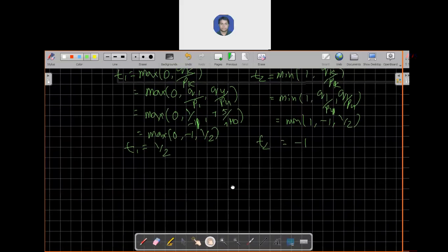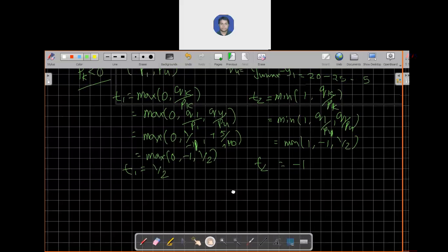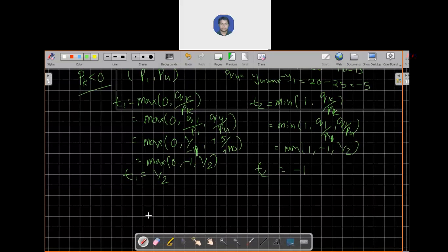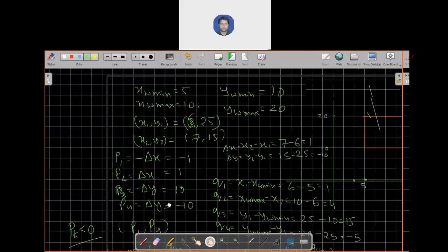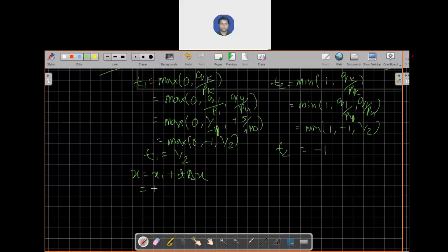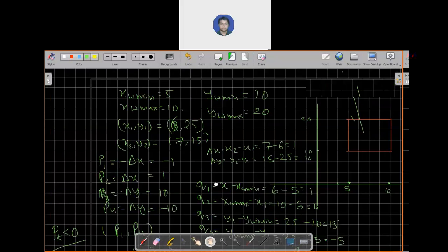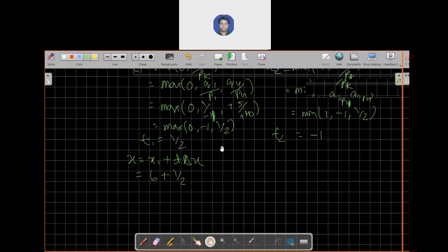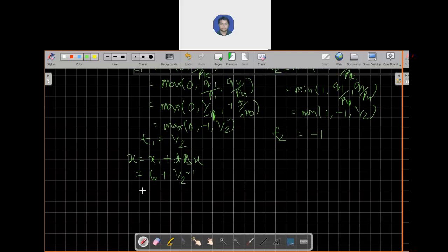Okay, so find the intersect point using the equation x equals x1 plus t into delta x. x1 is 6, plus t is 1 by 2, delta x is 1, into 1. So the value is 6 plus half, 6.5.